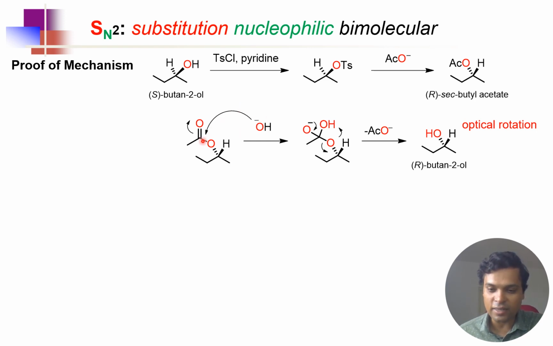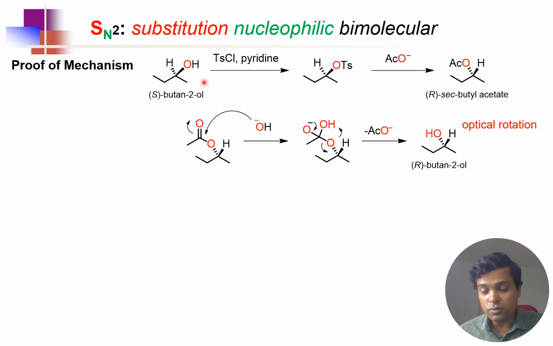This will attack at the acetate group or this acyl group, and then after electronic rearrangement, the OAc group or acetate should leave the molecule, and you end up with the corresponding OH group again. So now you can see here that your OH, which was above the plane, now goes down the plane. So you actually invert the chirality.